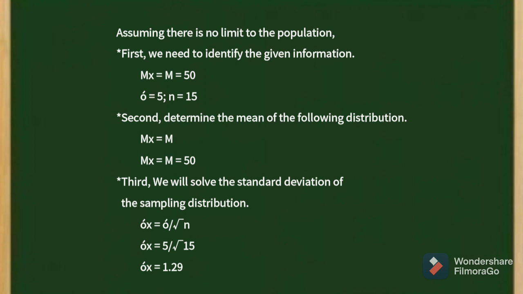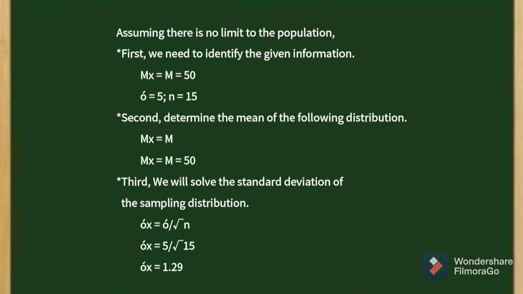Mean is equal to 50, standard deviation is equal to 5, and n is equal to 15. Second, determine the mean of the sampling distribution. So we have mean of x-bar is equal to mean, which is equal to 50.